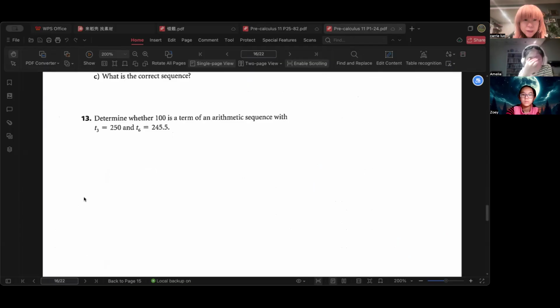Let's take a look at number 13. Determine whether 100 is a term of an arithmetic sequence with T3 equals 250 and T6 equals 245.5, okay? So we have decimals here, and you can see it is a decreasing arithmetic sequence. If it is decreasing, notice that the d must be smaller than 0, okay?